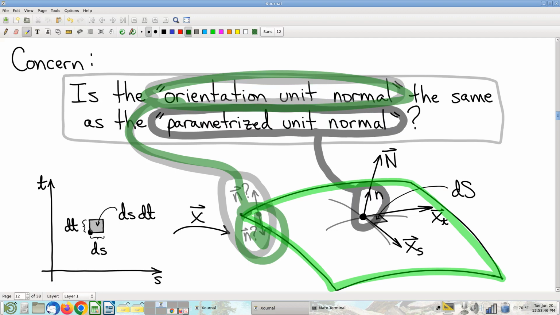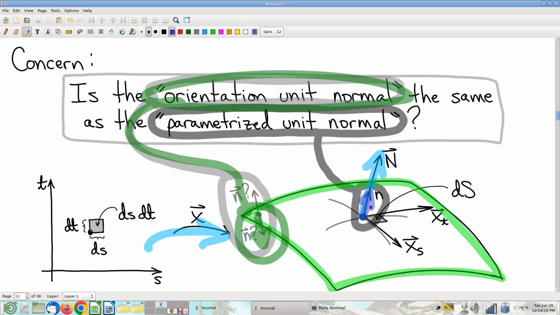Fine, we're given a surface. We want to use the formula we just made. We therefore have to parameterize. The parameterization allows you to compute your X_s and your X_t, the cross product of which allows you to compute your capital N vector, which is pointing in the direction of a normal vector.